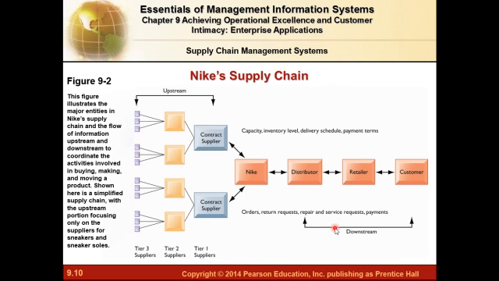Shown here is a simplified supply chain with the upstream portion focusing only on the suppliers: tier 1 suppliers, tier 2 suppliers and tier 3 suppliers.